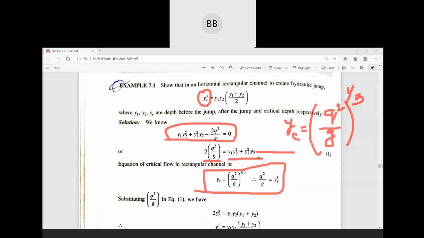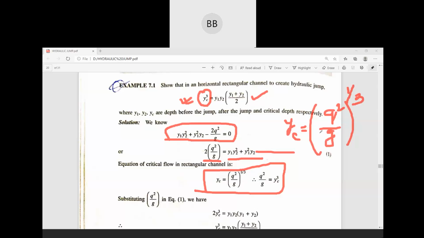Apart from y1 and y2 on the right hand side, we should have the yc term also in this particular expression, because we have to show that our critical depth cube is nothing but y1 y2 (y1 plus y2) divided by 2.